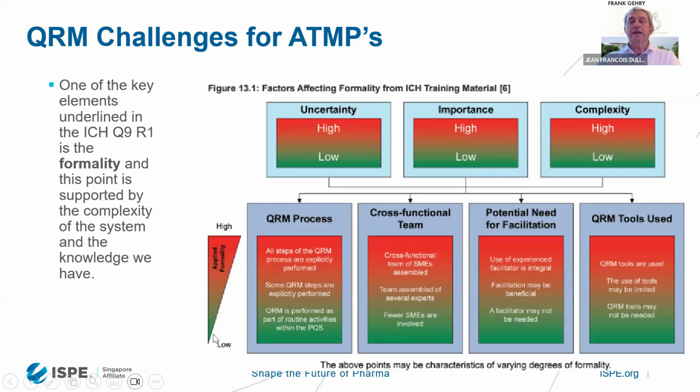A low level of formality can be just the application of one procedure which is well known by the company. A high level of formality is to run the whole quality risk management process for this problem. And this is based on what we know: uncertainty, importance, and complexity.